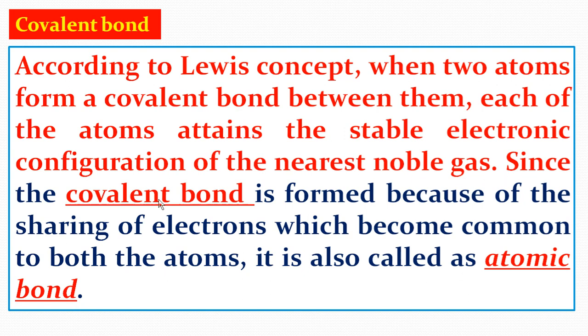The covalent bond is formed because of the sharing of electrons, which become common to both the atoms. So, in between the atoms a covalent bond is formed because of the mutual sharing of electrons.